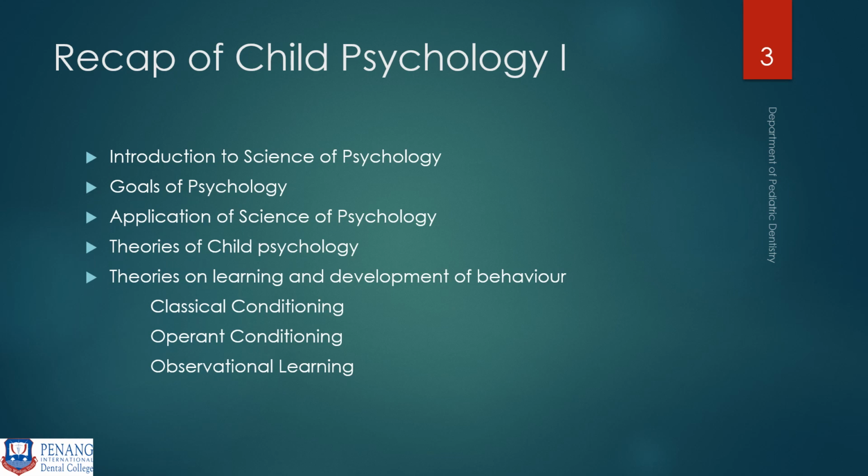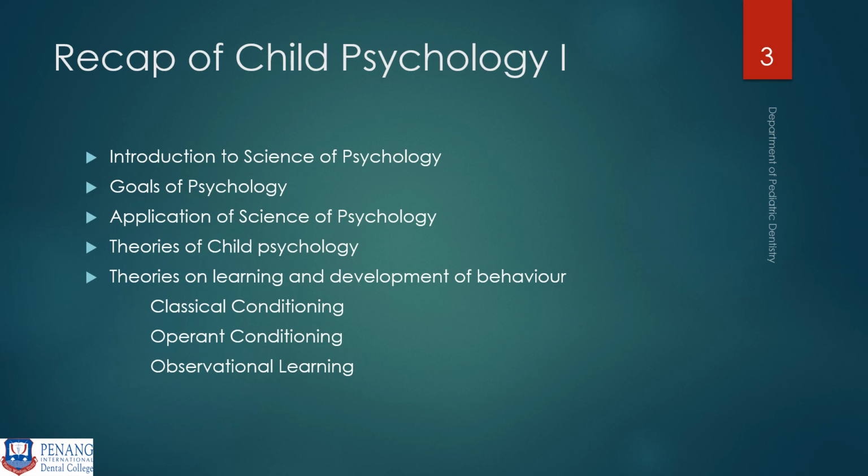And we looked at the 4 goals of psychology, beginning from describing a behavior to the fourth goal, where we introduce some intervention to control the behavior, because now we have learned how the behavior functions, or we have an explanation for the behavior, so we are able to put in the appropriate interventions to control behavior. Then we also looked at the application of the science of psychology in general.